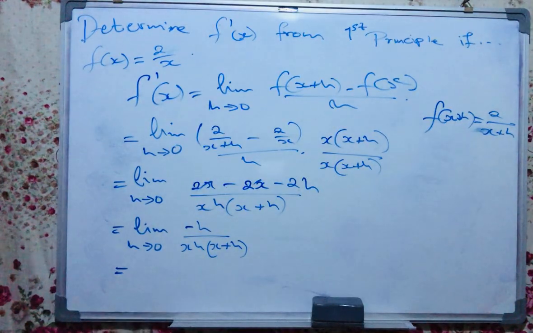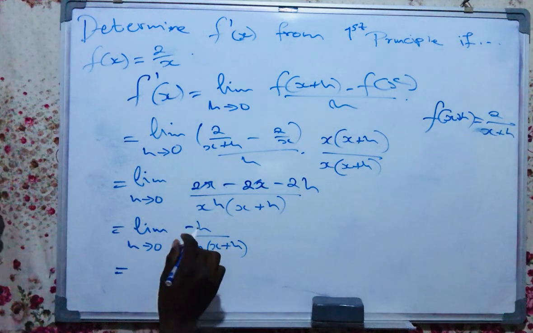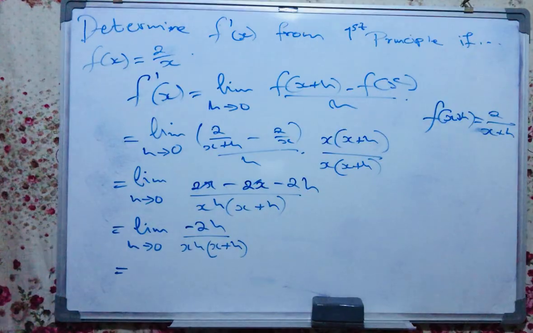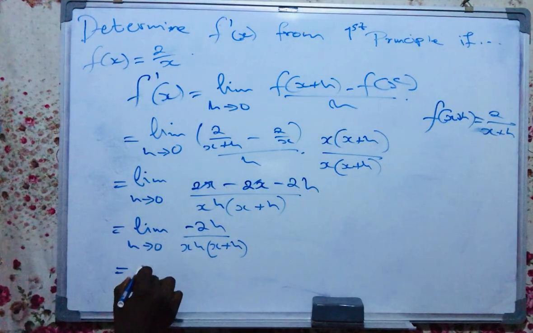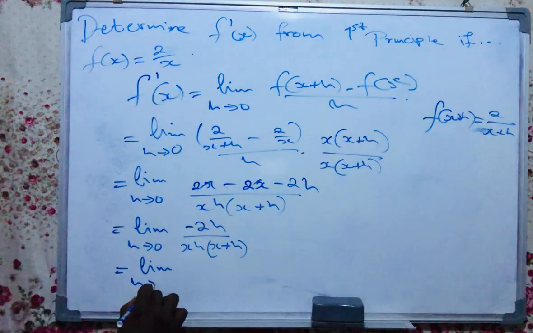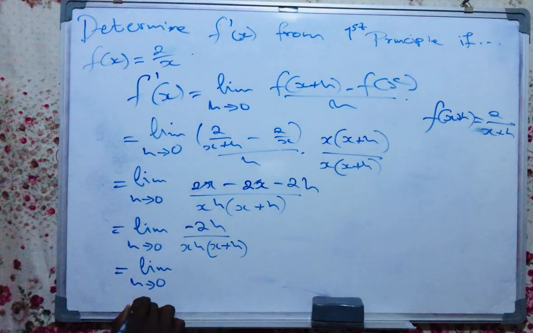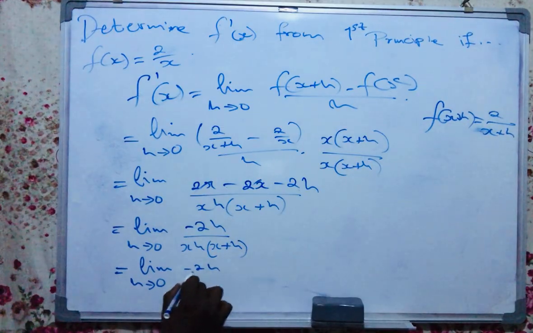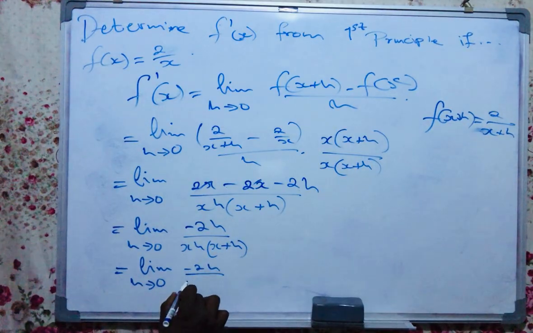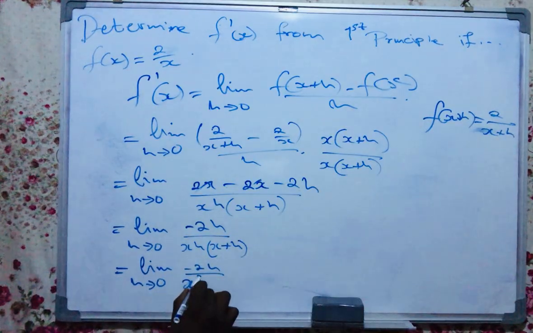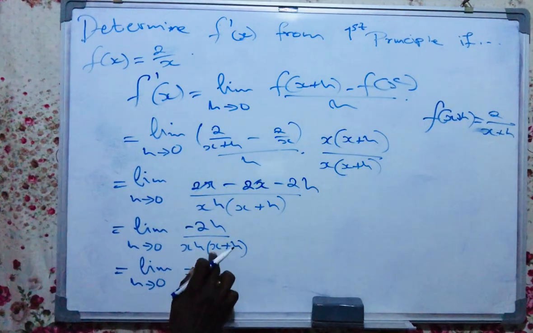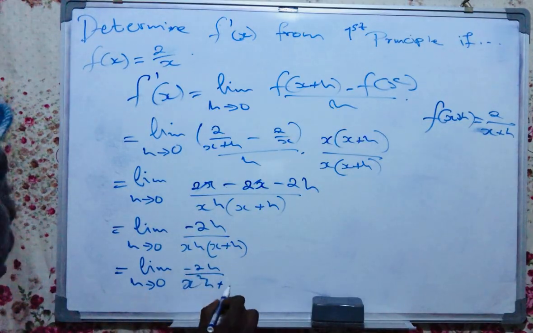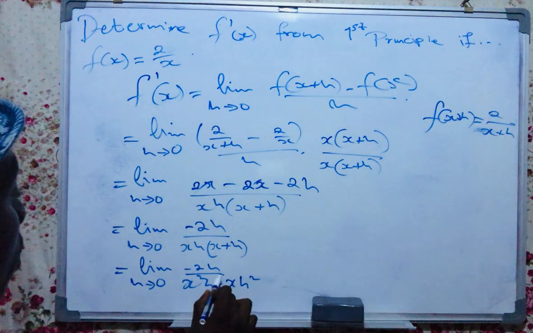So what we will have further is the limit as h approaches 0 of minus 2h over x squared h, if we multiply this by this inside, and then plus x h squared.